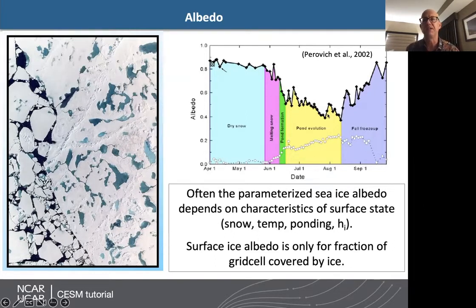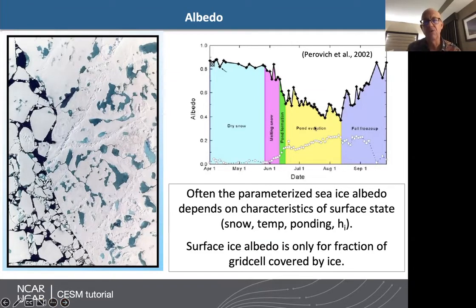In fact, even into the summer months when the ponds are at their peak, you can get down to a 0.4 albedo. So you can imagine the difference between the reflection of shortwave in this white area versus these little ponded areas. And then in the fall, the ice starts to come back again, you get more snow accumulation, and then the albedo starts to come up again significantly.